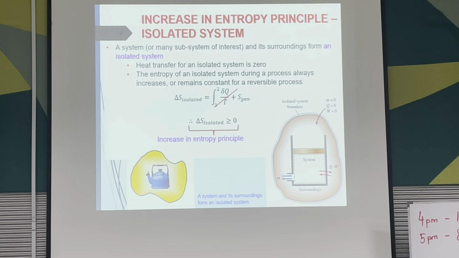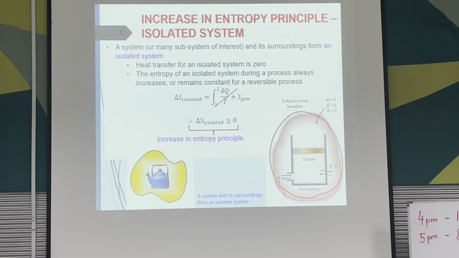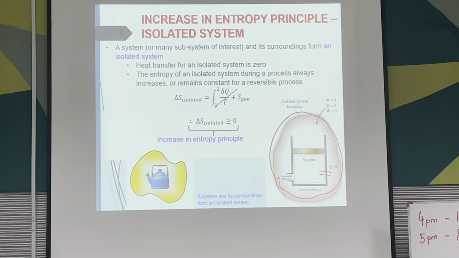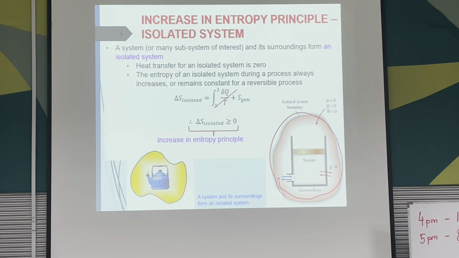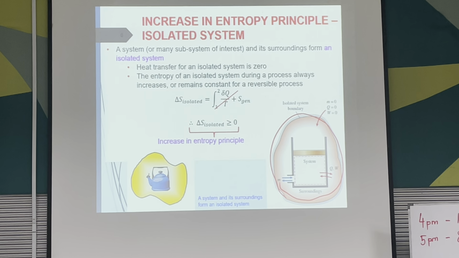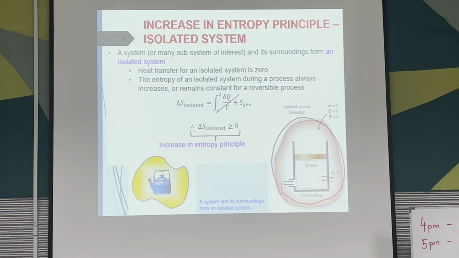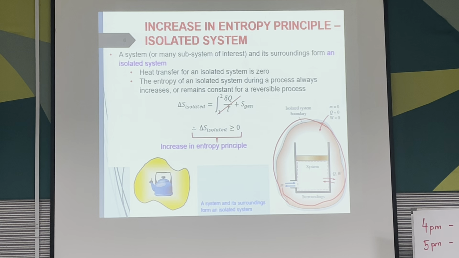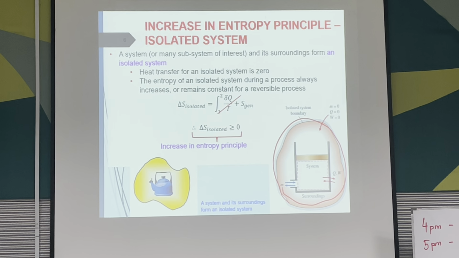So instead of what we used to do, we don't look at just the thing, we include the immediate surrounding. So this entire thing is a system, and we assume it as an isolated system. You can also imagine it like this: remember when we say that if you are rejecting heat to a reservoir, the immediate surrounding will have some changes.